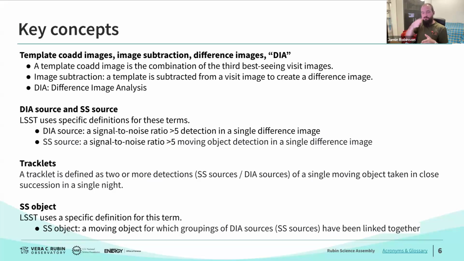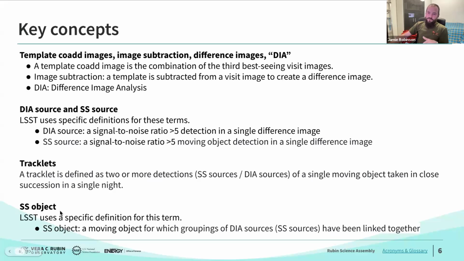That gives you up to maybe 60, 90 minutes time difference. It depends on the actual survey strategy of the night, but that's enough time for an asteroid to have moved slightly away from its previous position. So the pipeline will try and find these sources that have moved slightly between these pairs of images and turn them into tracklets, and then the tracklets are linked across multiple nights to define a moving object, but we'll talk about that a bit later.